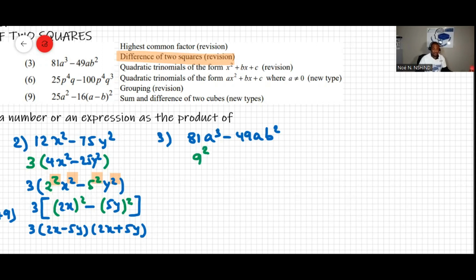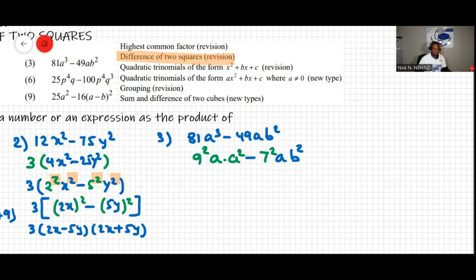But a cubed is not a square, this is a cube. So what can we do in this case? We can split it, like a times a squared. Now minus 49 is the square of 7, so it's 7 squared, and then a, and then b raised to the power of 2.